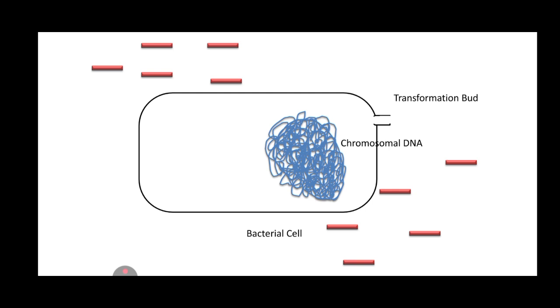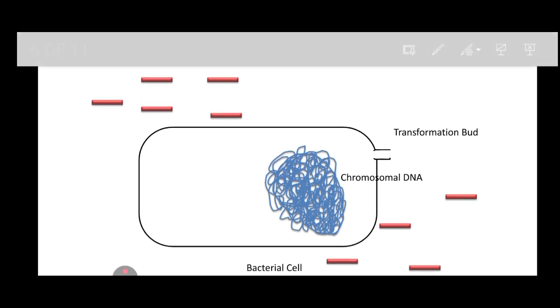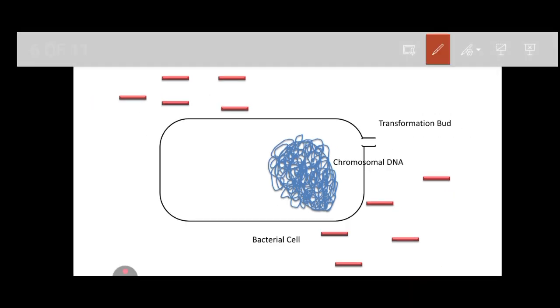During the stage of competence, the bacterial cell develops some special proteins which are not seen in the bacteria at all times. These proteins are called transformation bud. In some books, it is referred to as transformosome. Remember this keyword: transformosome.